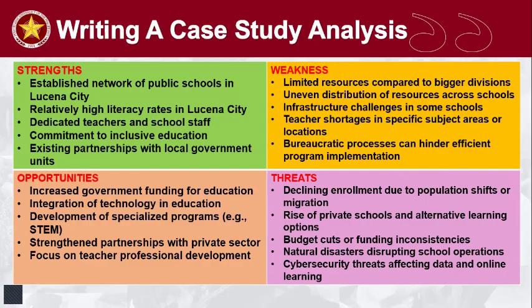And strengthened partnerships with the private sector and focus on teacher professional development, also given by private sectors. And for the threats: declining enrollment due to population shifts or migration, rise of private schools and alternative learning options, budget cuts or funding inconsistencies, natural disasters disrupting school operations, and cybersecurity threats affecting data and online learning.